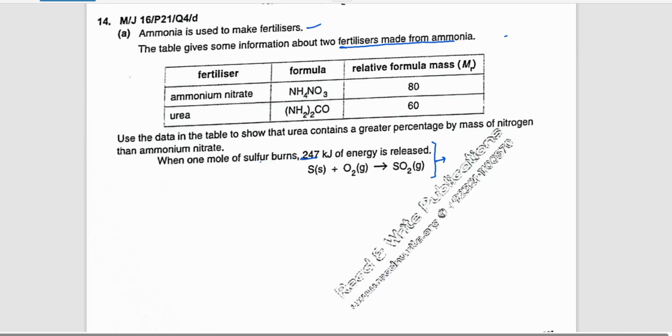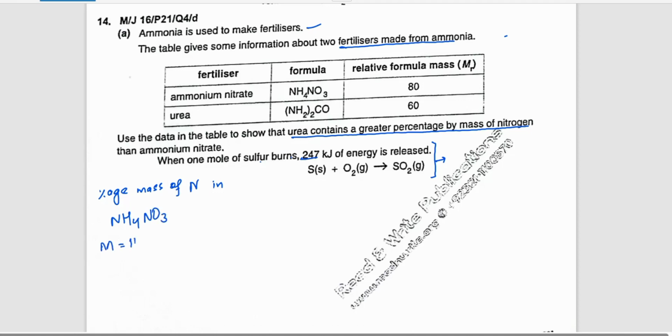we have to use the data on the table to show that urea contains a greater percentage by mass of nitrogen. We have to find the percentage by mass of nitrogen in urea. Now first ammonium nitrate, NH4NO3. Let's find out its molar mass.